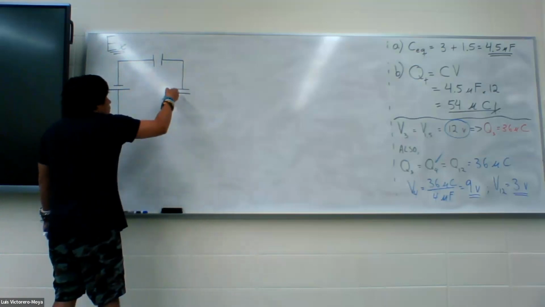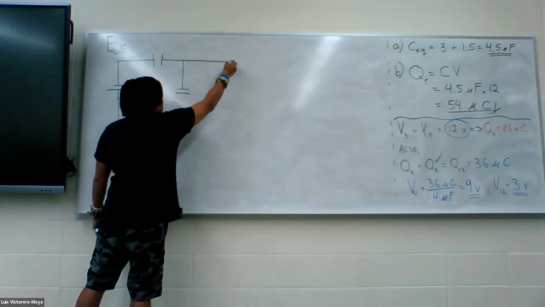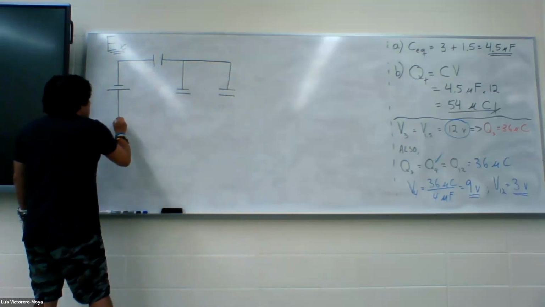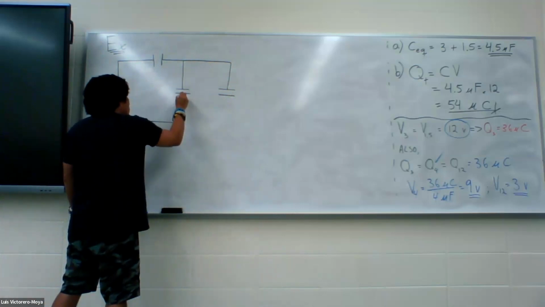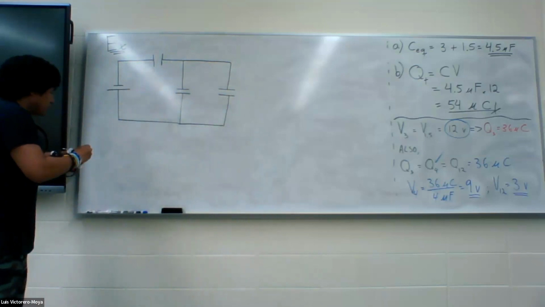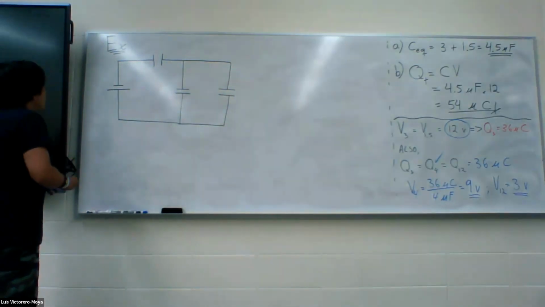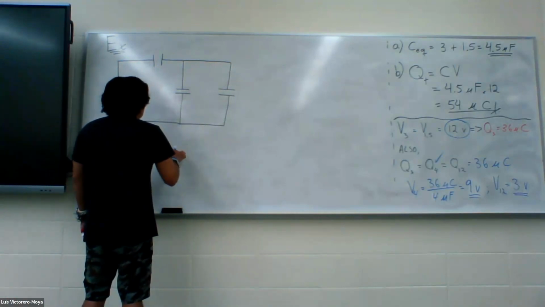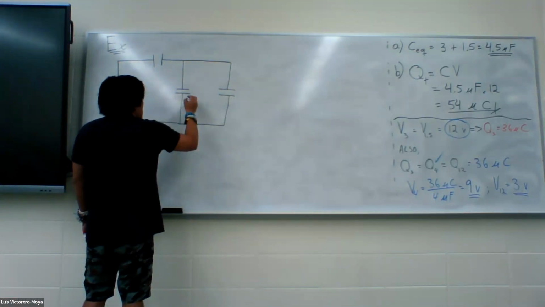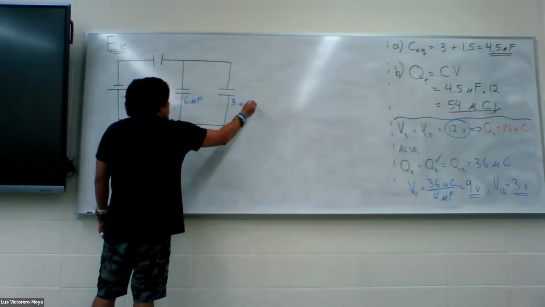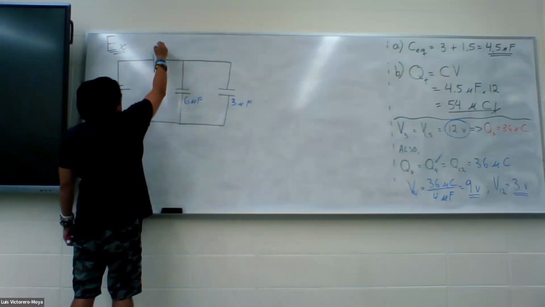Because you have a cable going here, and then another wire, and then you have this connection. All right. 6, 3, and 2.